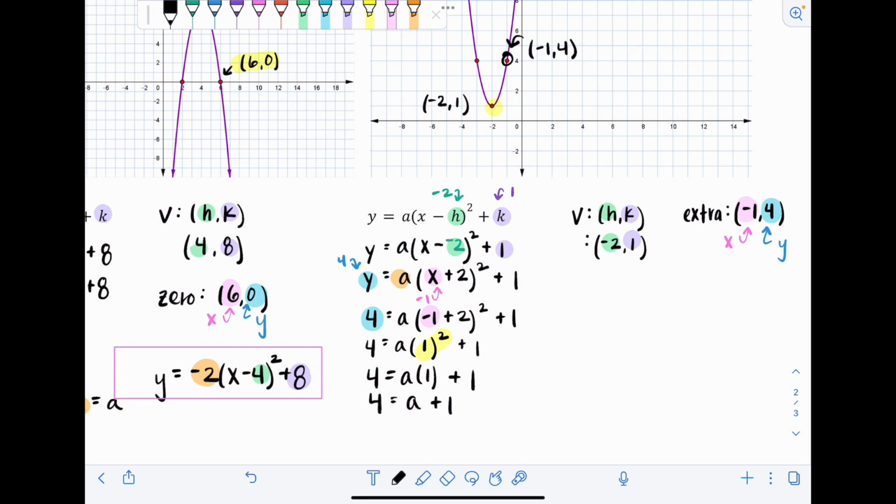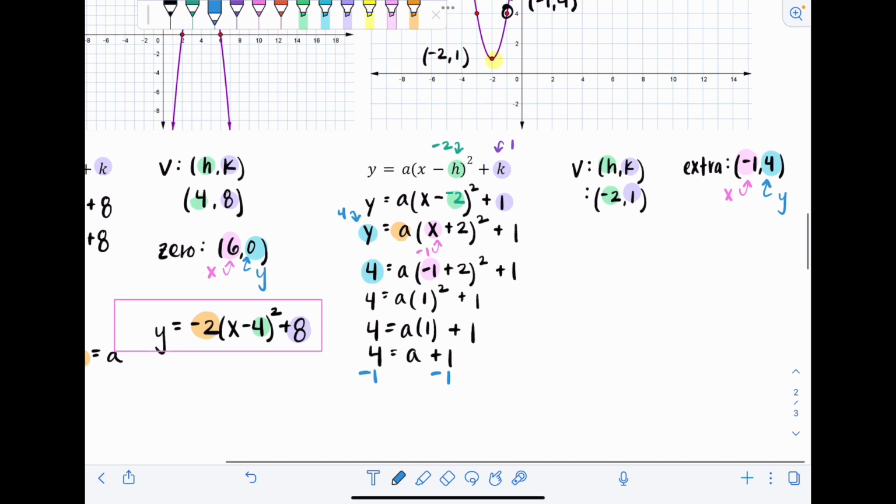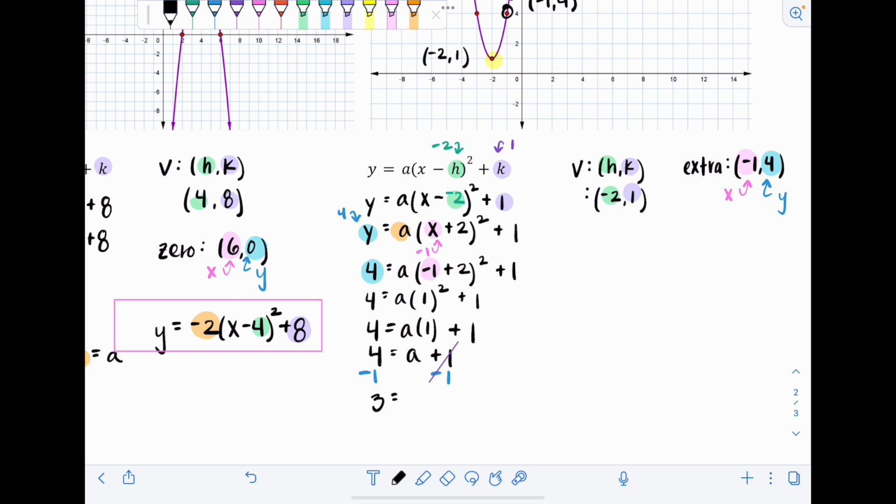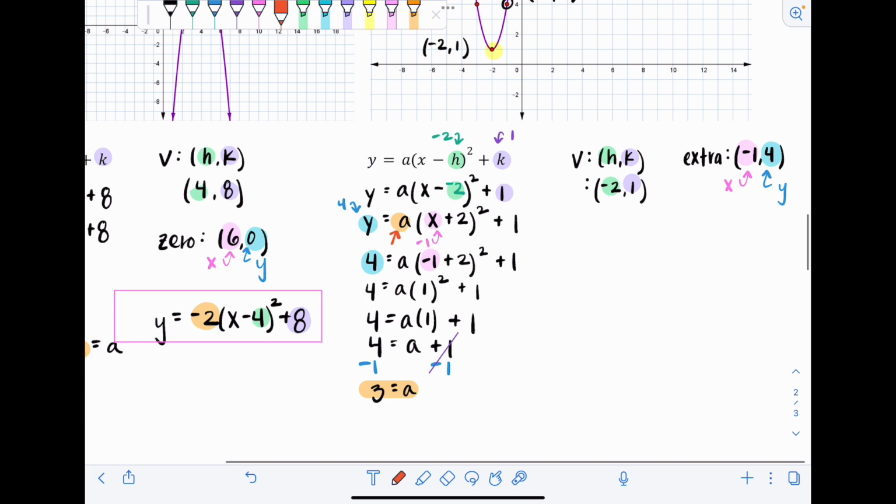My goal here is to get a by itself, so I have to cancel out the 1 that's being added to it. So I subtract the 1 over to cancel out the 1 being added. So 4 minus 1 is 3, and that's equal to a. That a is going to go into the equation up here, the one that had the x and the y still in it.